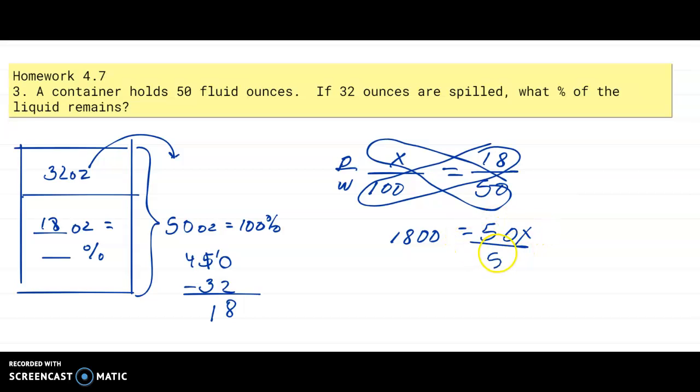We divide both sides by 50. And 1,800 divided by 50 is 36 equals x. So that means 36% of the liquid remains in the container, and that's equal to 18 ounces.